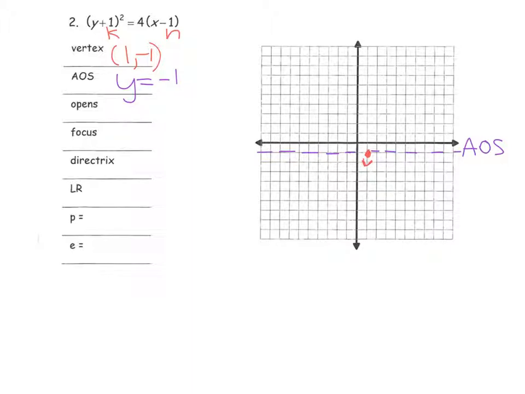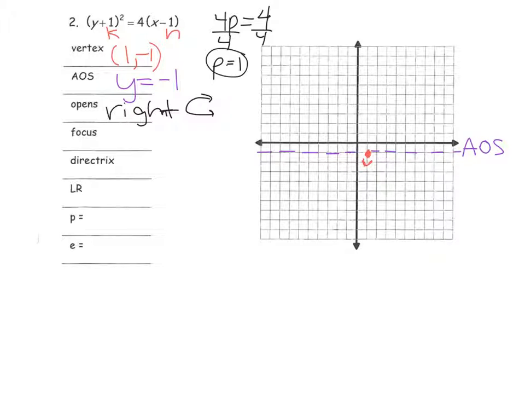So if we look, 4 is in the place of 4p in our equation. So if we set them equal to each other, 4p is equal to 4, divide by 4, our p is 1. Notice p is positive, so that must mean if this is right or left, it's going to be right. So our parabola will look something like that, because it's going to open to the right.